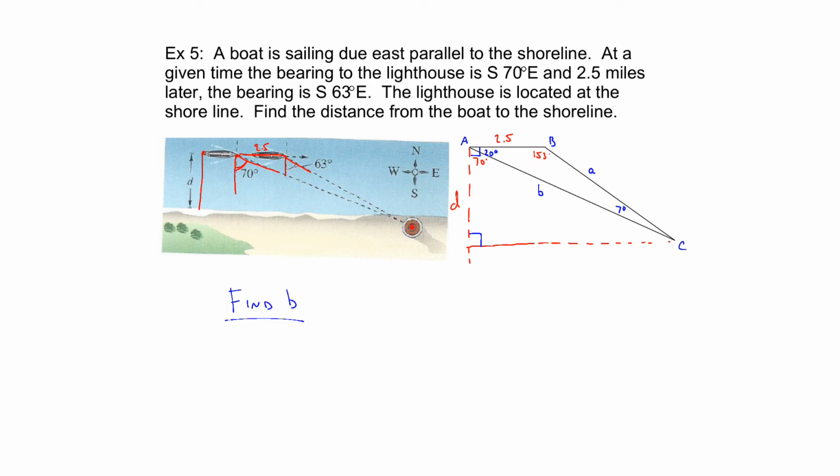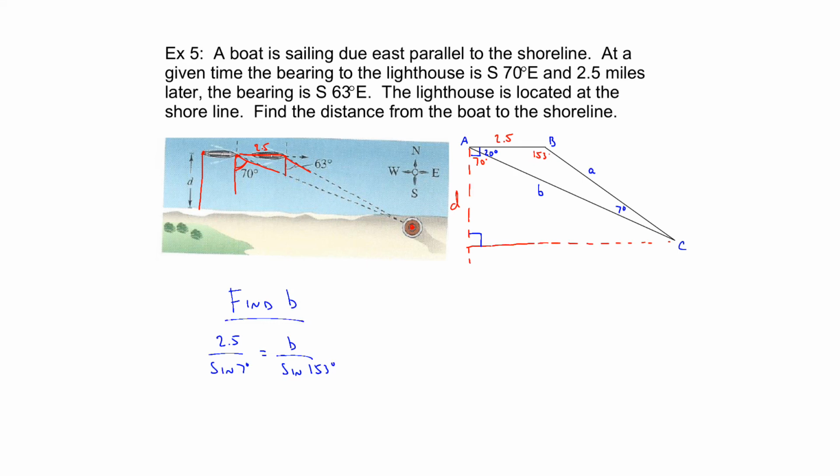So let's see. We can do angle C and side C. So we will do 2.5 over sine of 7 degrees is equal to side B over sine of 153 degrees.